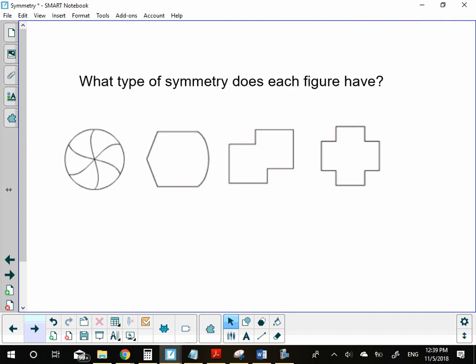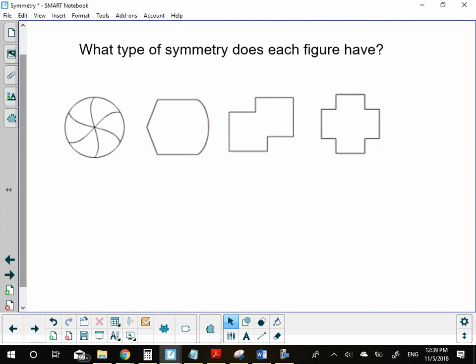A couple more examples. Using the three different types of symmetries we've talked about so far, what kind of symmetry does that look like? Is that line symmetry? Can I draw a straight line through somewhere? Can I draw a line right down the middle? That matches up.